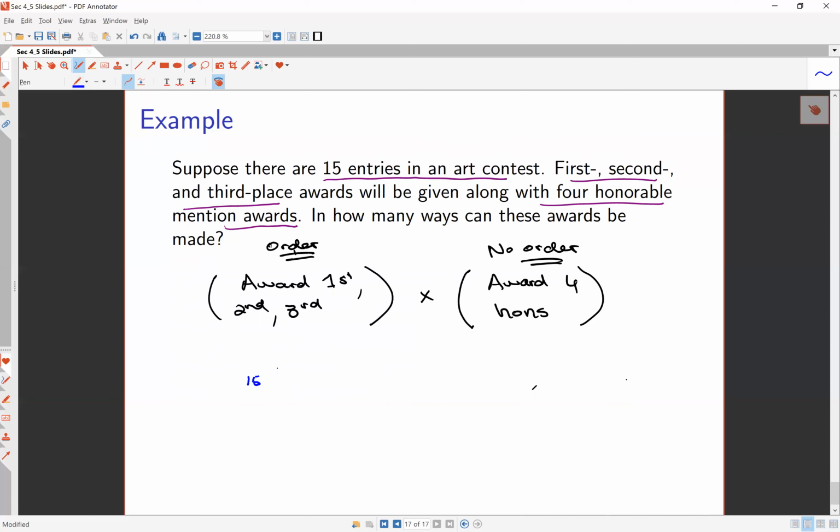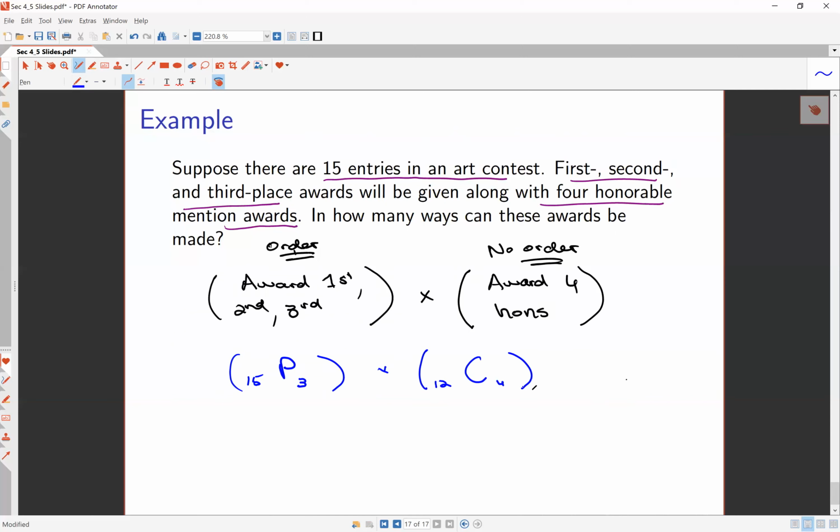Out of the 15 people, in how many ways can we choose 3 top finishers? And how many people are now left that are eligible to be the honorable mentions? 3 of the 15 people are out of the running now. There are 12 people left, and we're choosing 4 of them.